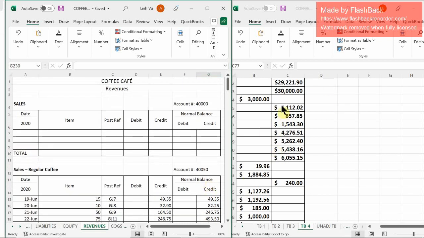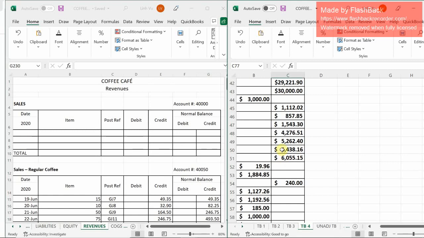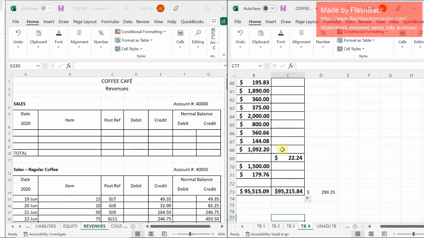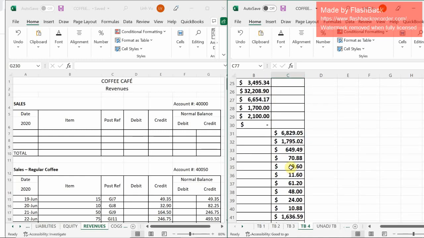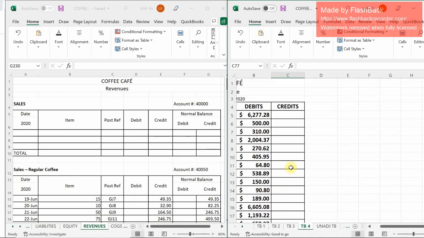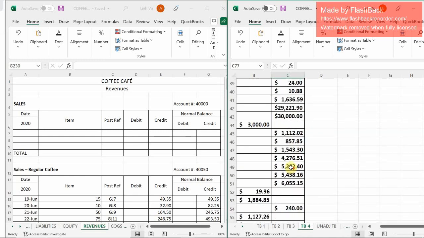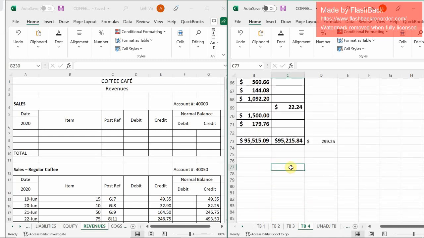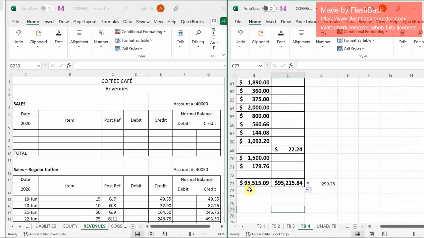So all of those so far are correct. And the only credits I have here is this $22.24. So in this case, those seem right. So that means I have a discrepancy on my debit side. That means I have too much money on my debit side.